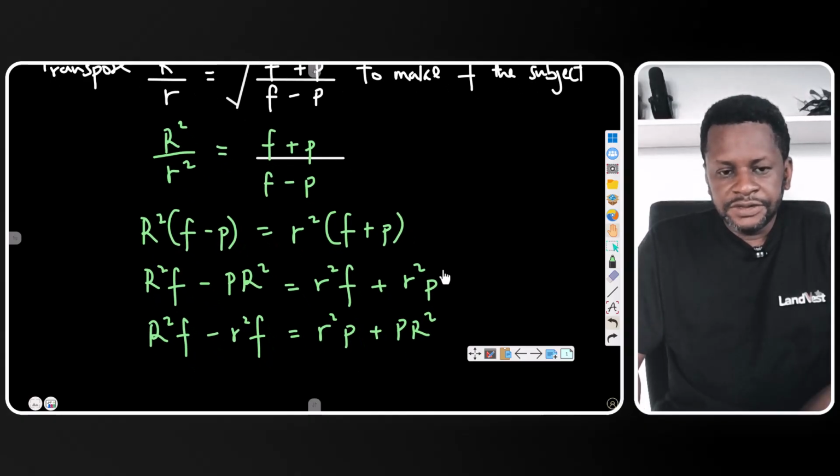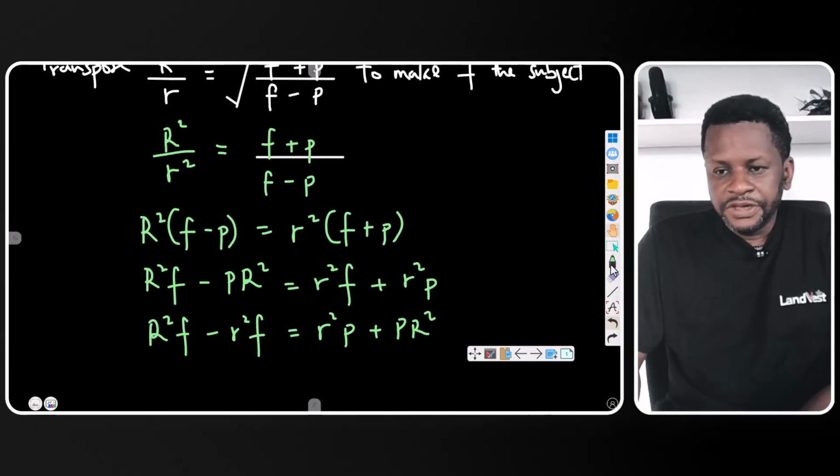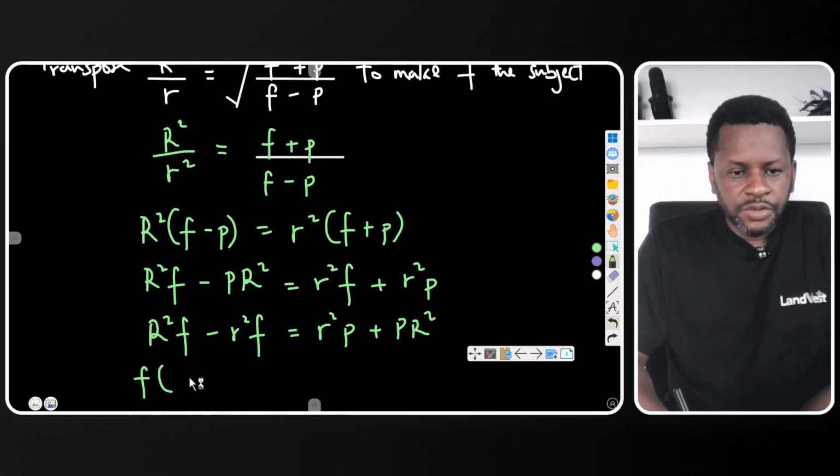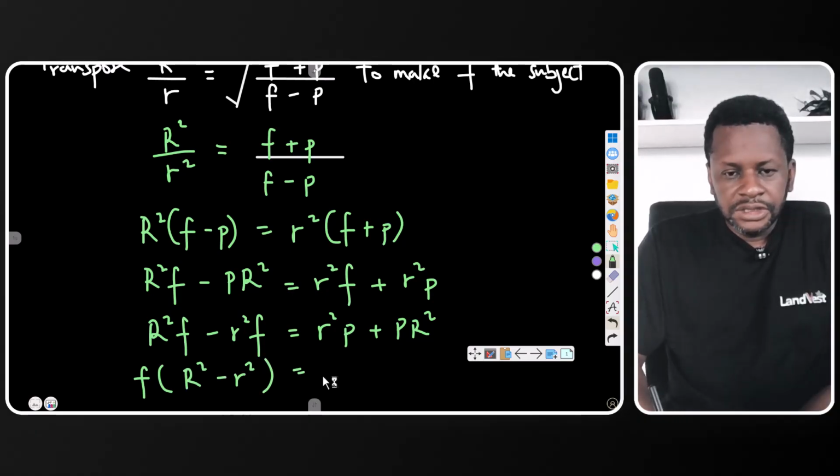So now this is getting quite interesting. From here, you will have to factorize f, and what's left will be r squared minus r squared equals r squared p plus p r squared.